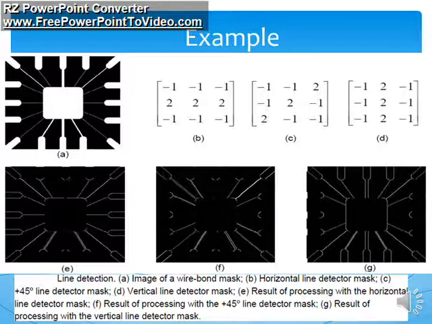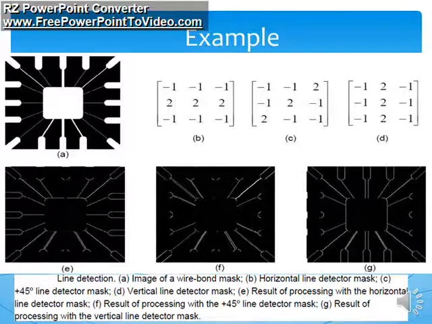So E is the result of processing with the horizontal line detector mask. Here we can see all the horizontal lines are there, but the vertical edges as well as the angle edges are not clear here.